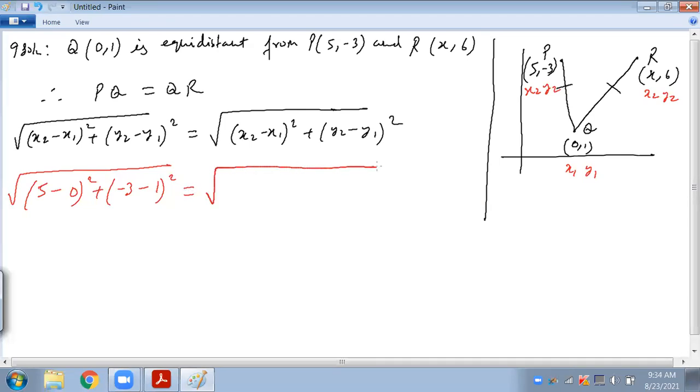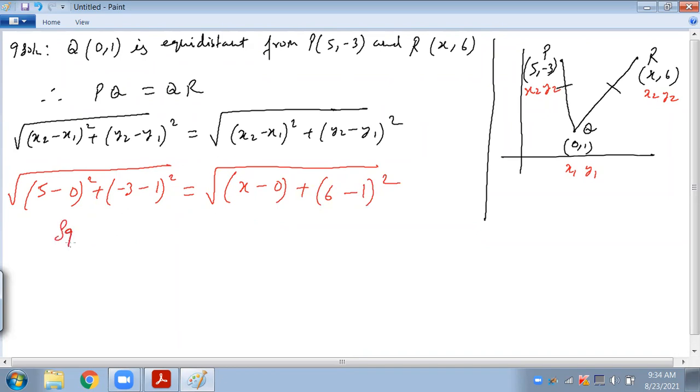Again, now the right part is for QR. Look at Q and R and put the values. X2 is x minus x1 which is 0, plus y2 which is 6 minus y1 which is 1. Okay, now there is a square root on both sides, so how to remove the square root?